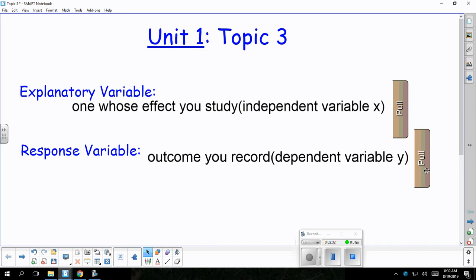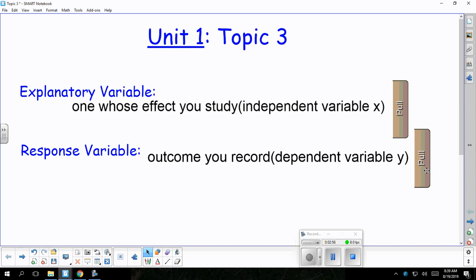Particularly good students are good students in all courses. But is there an explanatory and response variable with those two? As much as I'd love to say that your math skills explain how good you are in English, I think that would be a stretch, right? So your score on the math portion wouldn't necessarily be useful in predicting your score on the English portion, and vice versa. One doesn't cause the other.